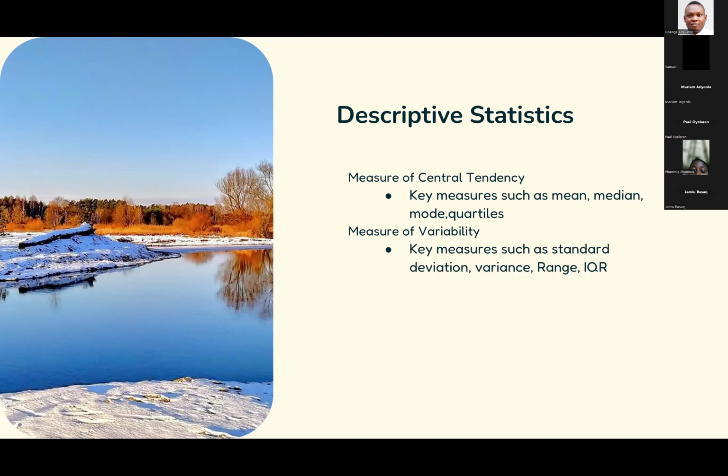That's when we have the measure of location, which is also known as the measure of central tendency. And we have the measure of variability. The main ones are the mean, median, and mode. We have the percentiles and quartiles too, but the main ones are the mean, median, and mode. The measure of variability is also known as the measure of dispersion. We have standard deviation, range, variance, and the like.